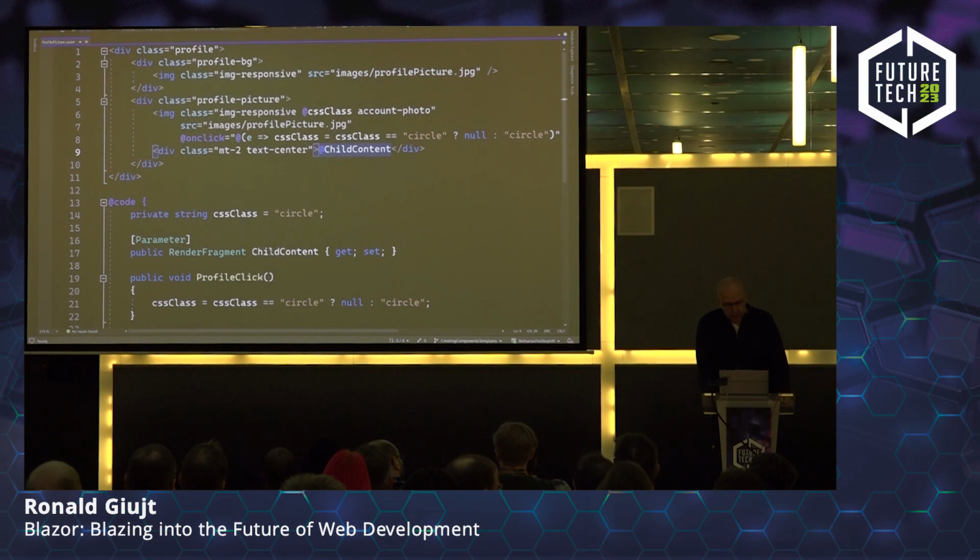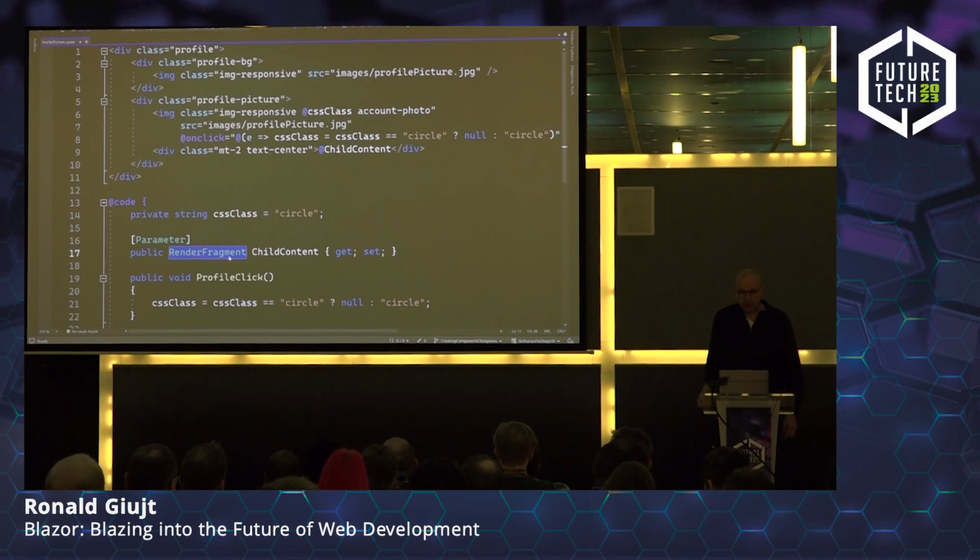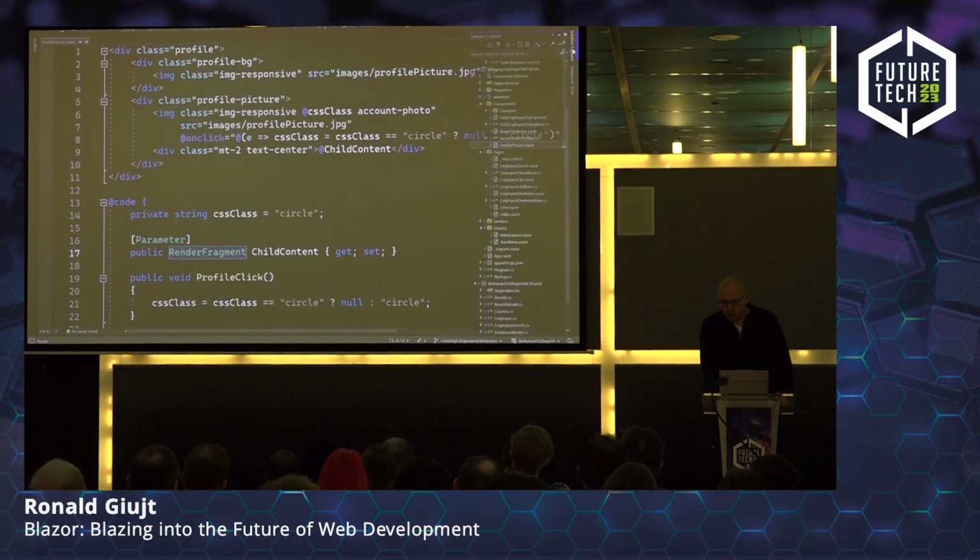So we have this child content, which is a parameter, and that means that child content can be any render fragment, and render fragment just means any fragment of Blazor. So you can give it any fragment of Blazor, and that will be rendered on this spot, beneath the picture, right? So let's see how this is used.